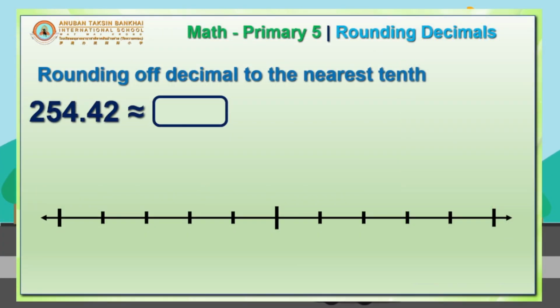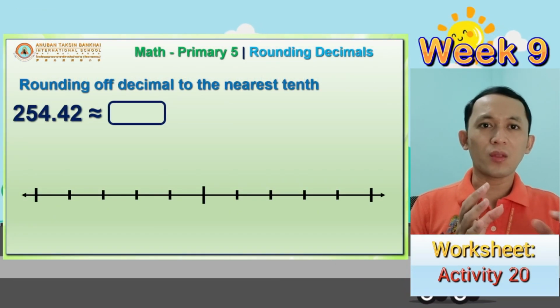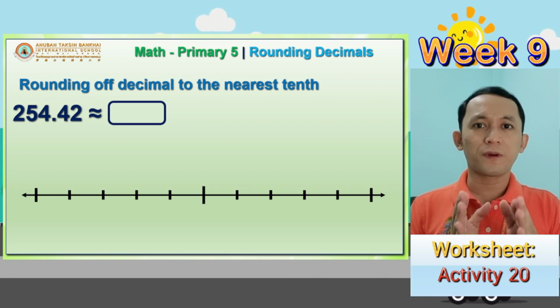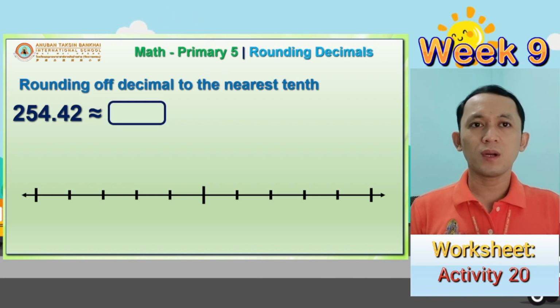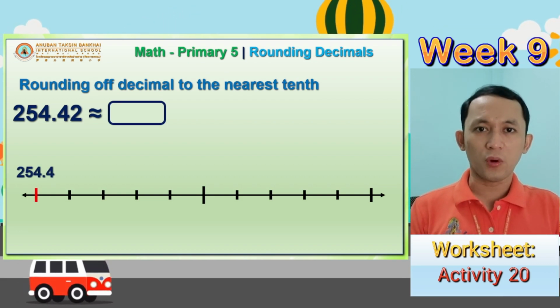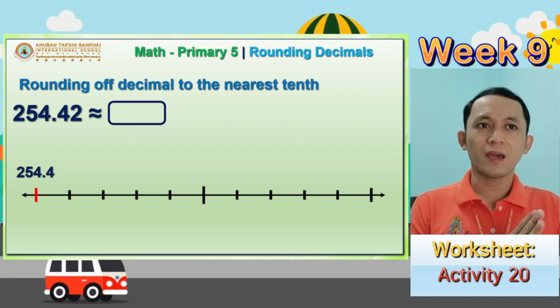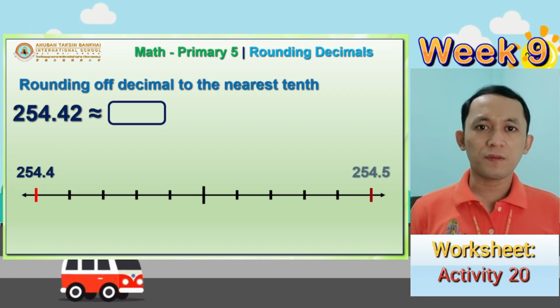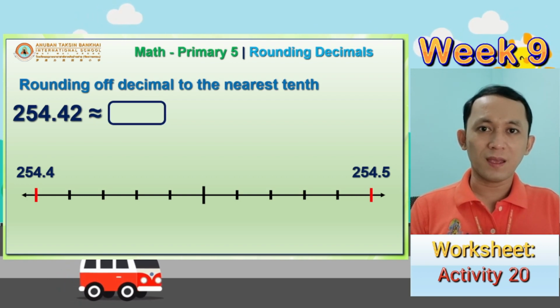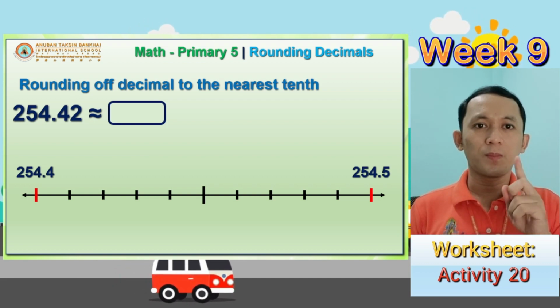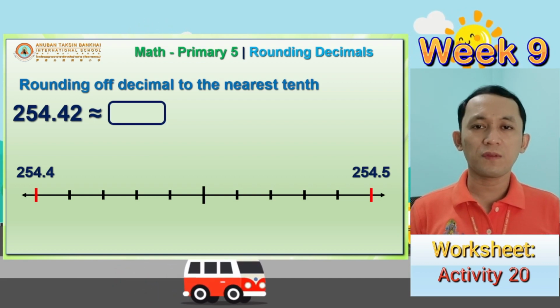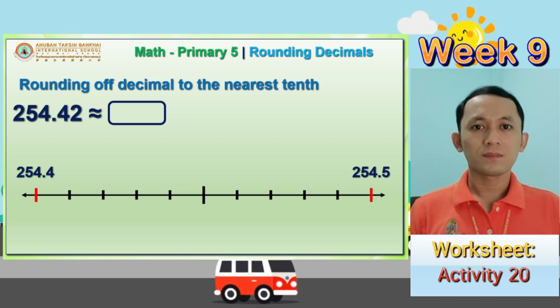So again, we have 254.42 is approximately equal to blank. We're going to write our first number here using one decimal place, so we have 254.4, and on the right side we have 254.5. From 254.4, we just add 0.1, so that is 254.5.